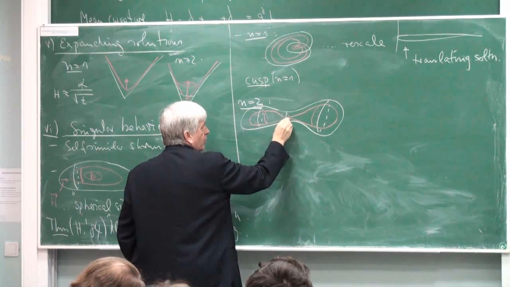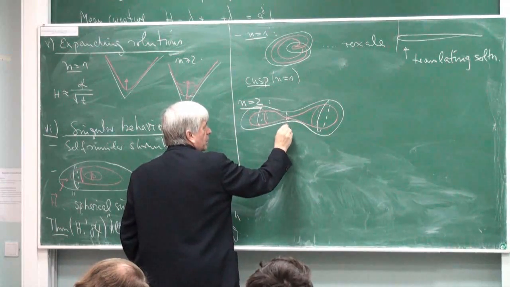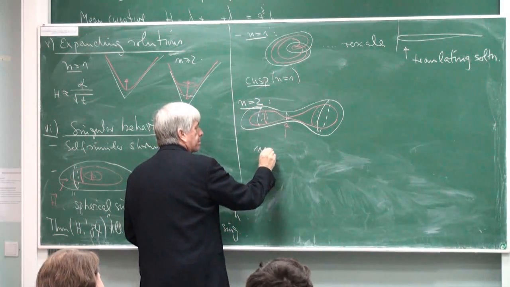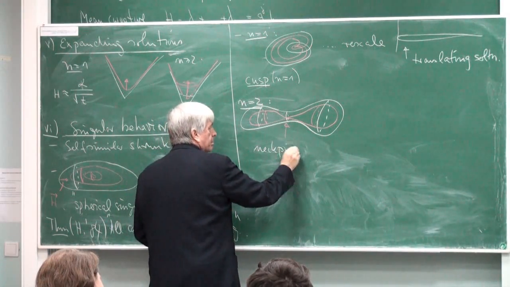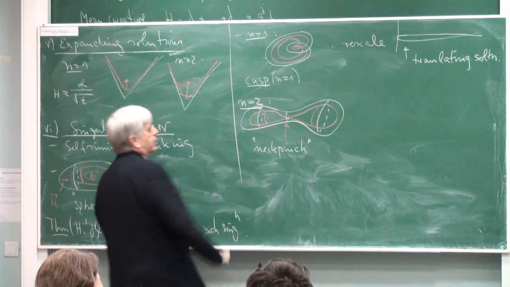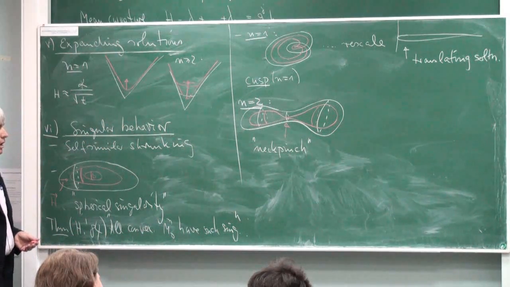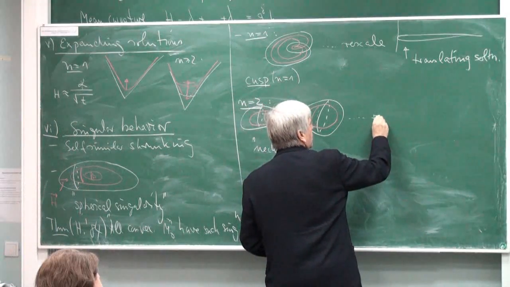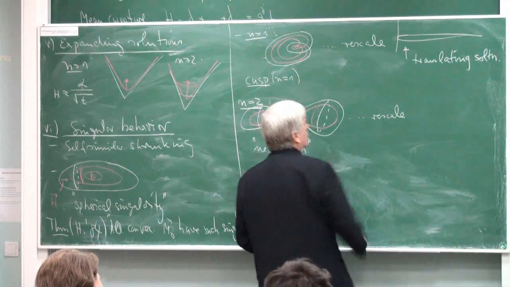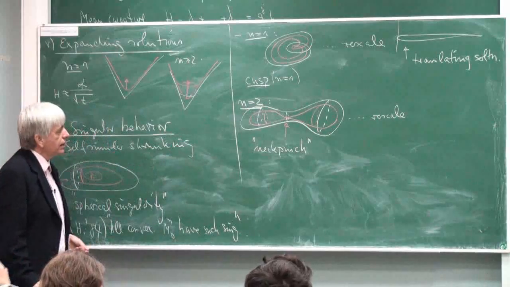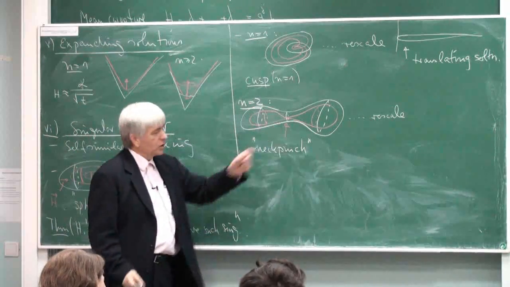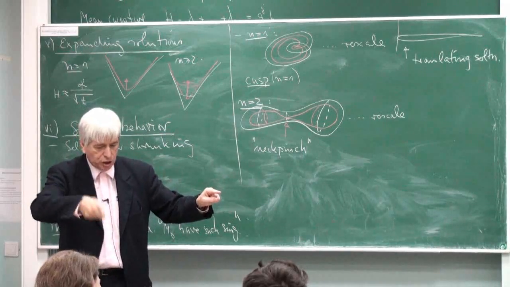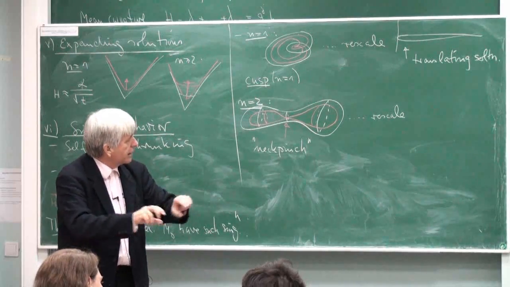And then here you form a singularity which is called a neck pinch singularity. And if you rescale this one, then what you see is, if you look under the microscope, because the curvature in this direction is much smaller than the curvature around the neck, you get a cylinder.